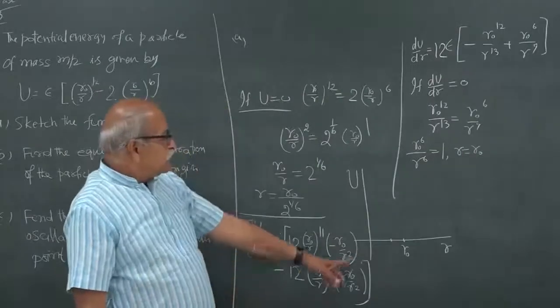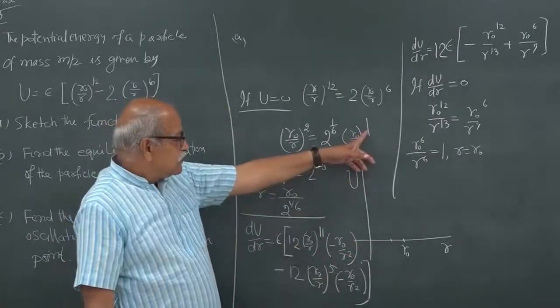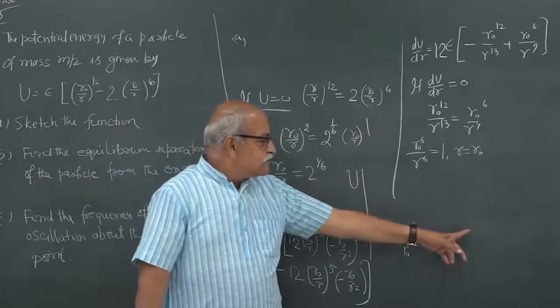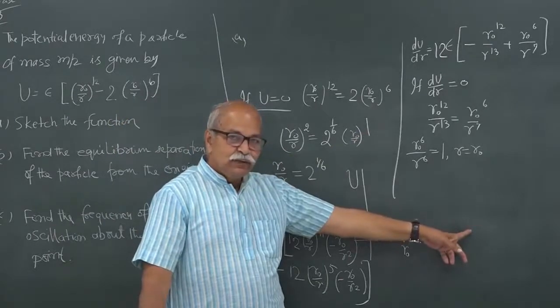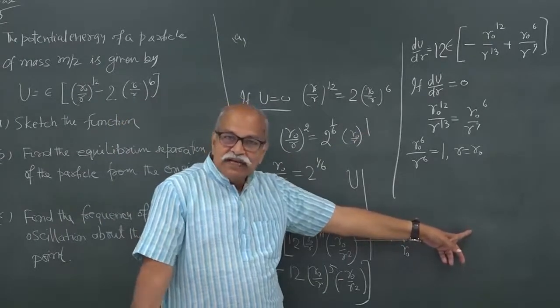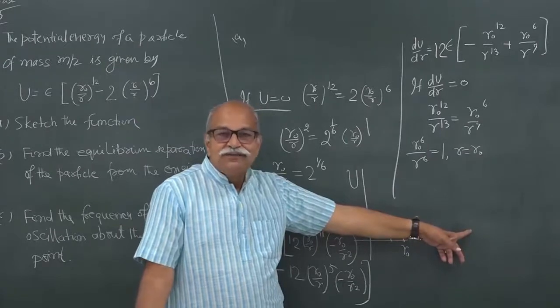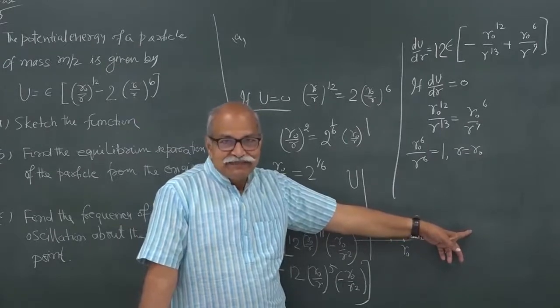Because I know that in the beginning it is very high and the end it is going to be 0, and there can be only one maximum or minimum. So, that has to be minimum, that cannot be a maximum.